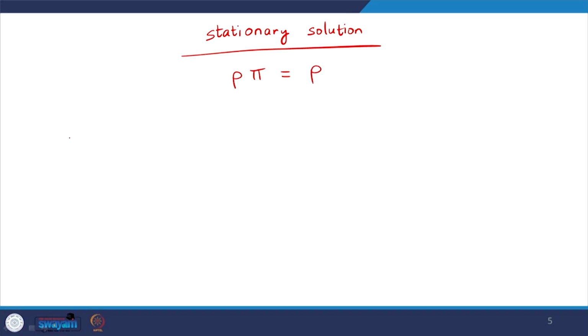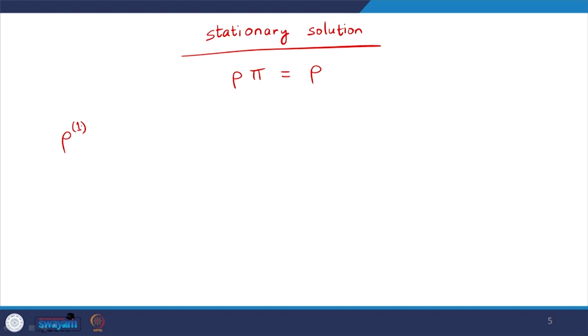So, let us say for example, I start with some probability density rho 1, right. You can talk about probabilities as well since it is a discrete state, but I have used rho for the density. So, let us keep that notation, but keep in mind that this can also be discrete probabilities.